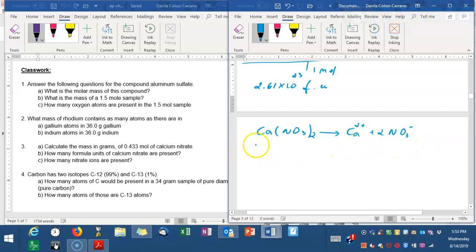Okay, so if this is 2.61 times 10 to the 23rd, this number is still 2.61 times 10 to the 23rd, but this is twice as much, right? So this is 5.2 times 10 to the 23rd. So this is the number of ions there.